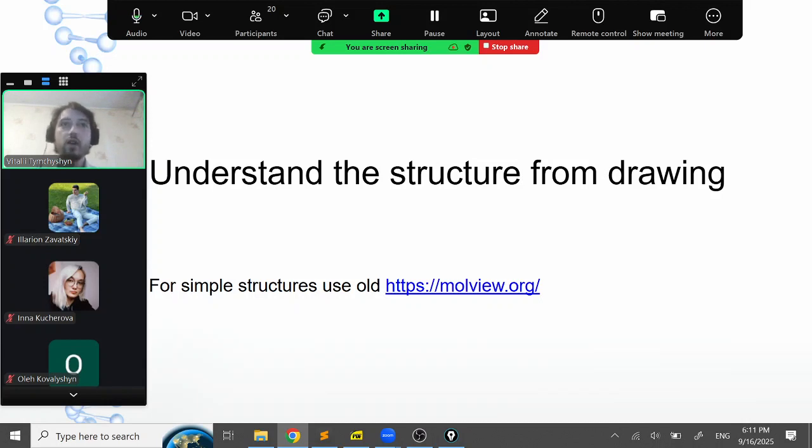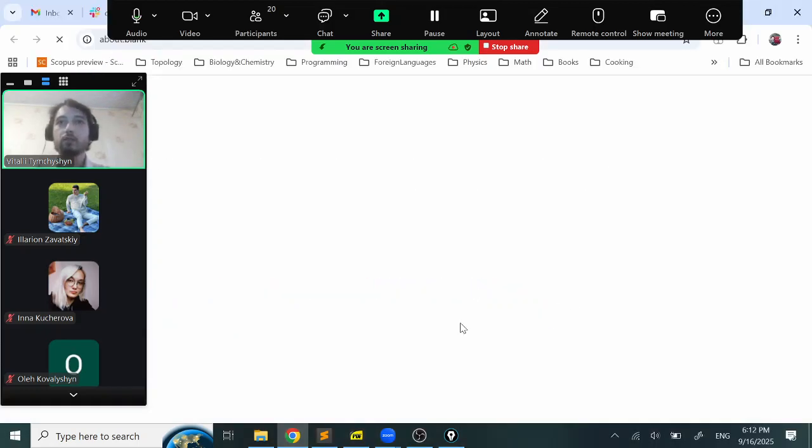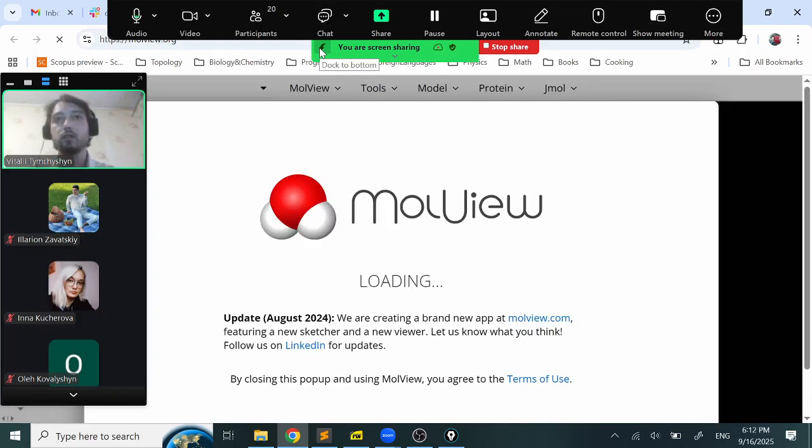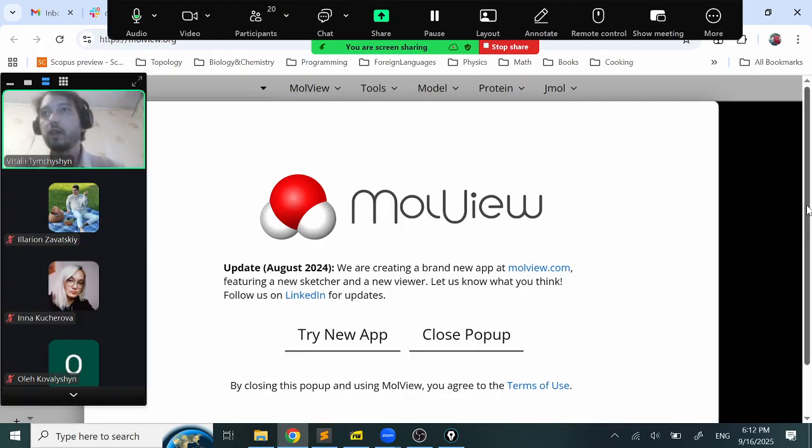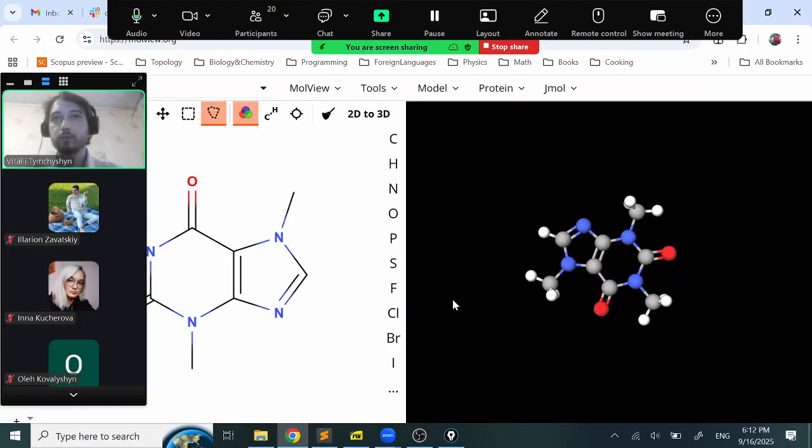The second thing I want to show you is what to look for in the structure. Not all features are equivalent. Something is more interesting, something is less interesting, and I want to show you what exactly to look for when we are talking about structures.